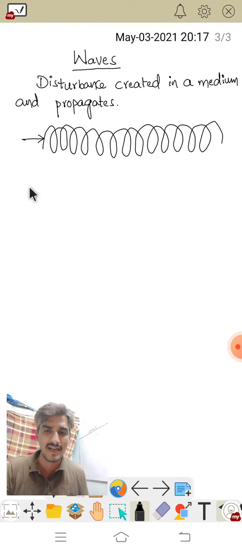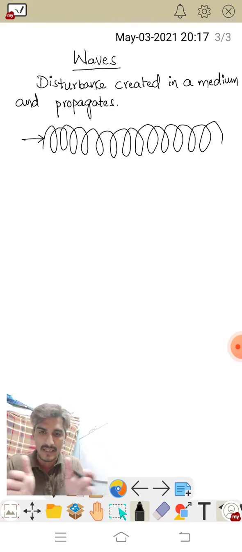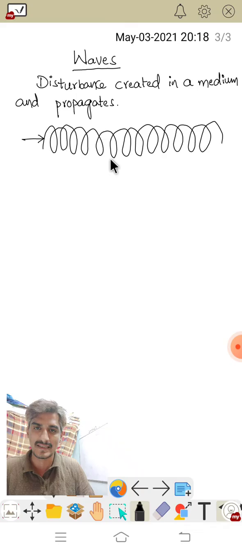Then you can see some compressions. At some places the spring parts will be compressed, and at some other places the spring parts will be at far distances, like these threads are there, no?